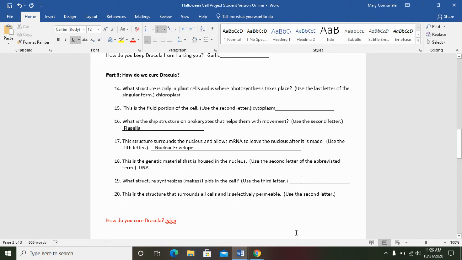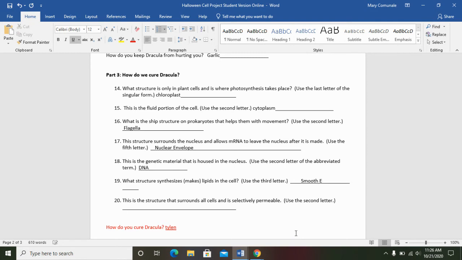What structure synthesizes or makes lipids? That is the smooth ER. And this is the structure that surrounds all the cells and is selectively permeable. Cell membrane.